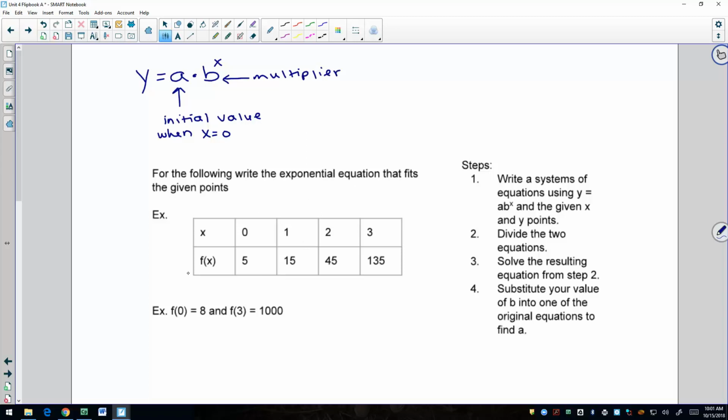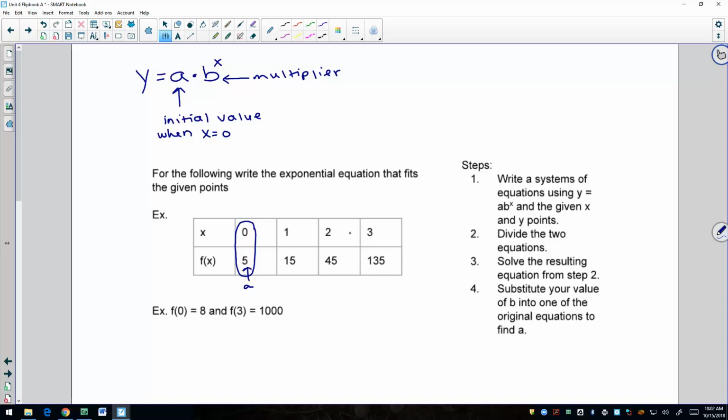So for the first example, they gave us a table. You need to ask yourself, do I know A and can I figure out B? Sometimes it's obvious, sometimes it's not. The first one's kind of easy to do in your head. If you look right here, they gave you the initial value. They gave you what you get when you plug in 0 for x. You get 5. So this is your A. Now, this one's not so bad to figure out.